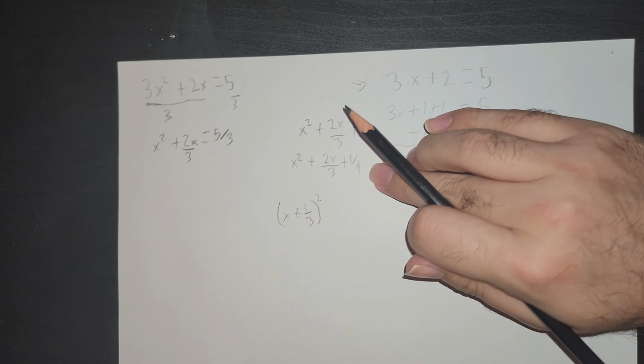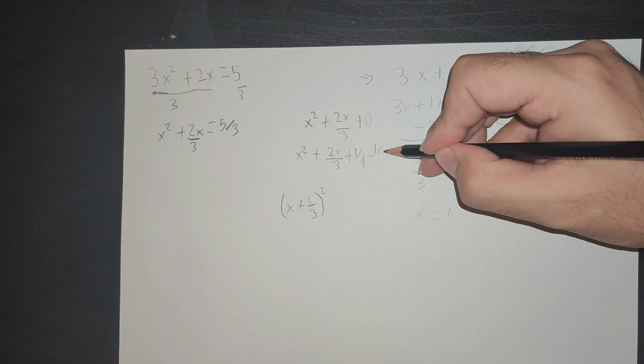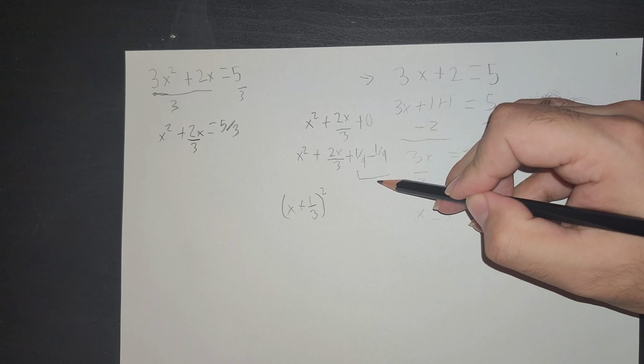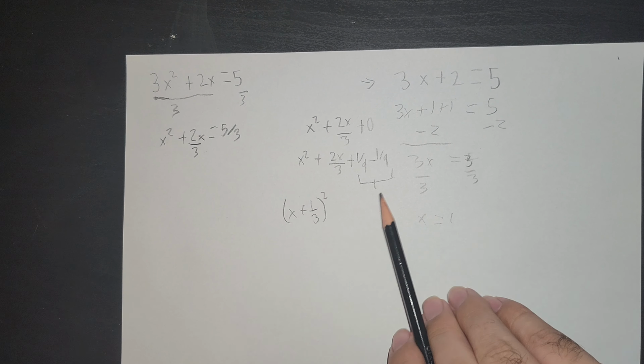But we can't just add the 1/9 in over here, because that would change the value. So these two together is equal to 0. So we're not actually changing anything on this side, we're just breaking this apart.